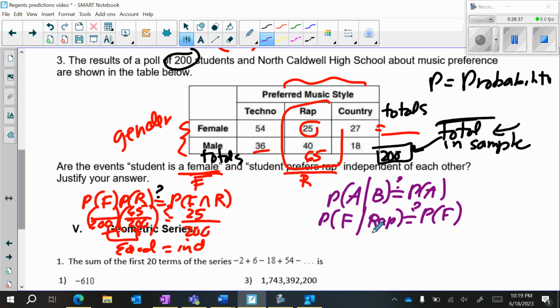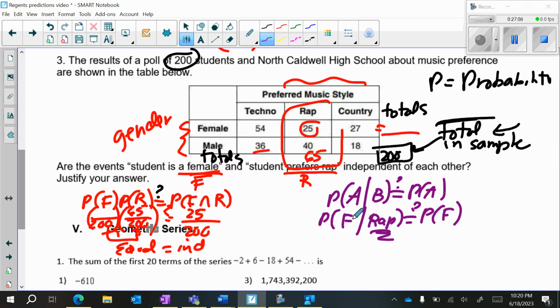Meaning, if they're independent, if I told you that someone is a rap lover, it will not affect the probability that they're male or female, meaning there's no relationship between your gender and your preferred music style. Now, just using common sense, I know that gender and music style probably do have a relationship. Maybe more females are likely to like country than males, something like that. So if there is a relationship between them, they should not be independent.